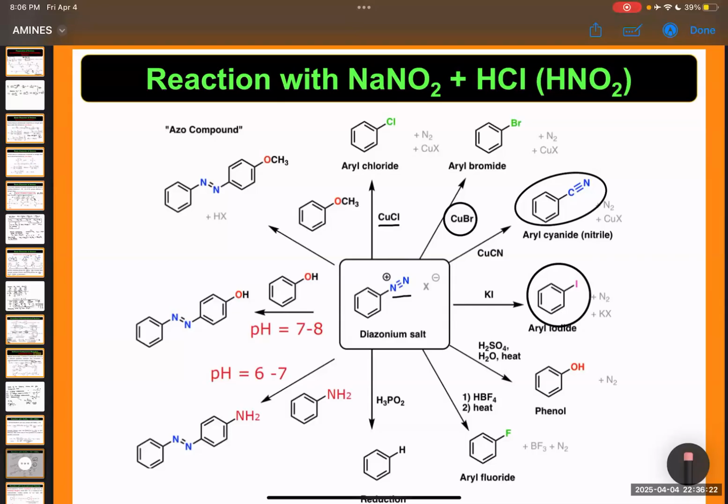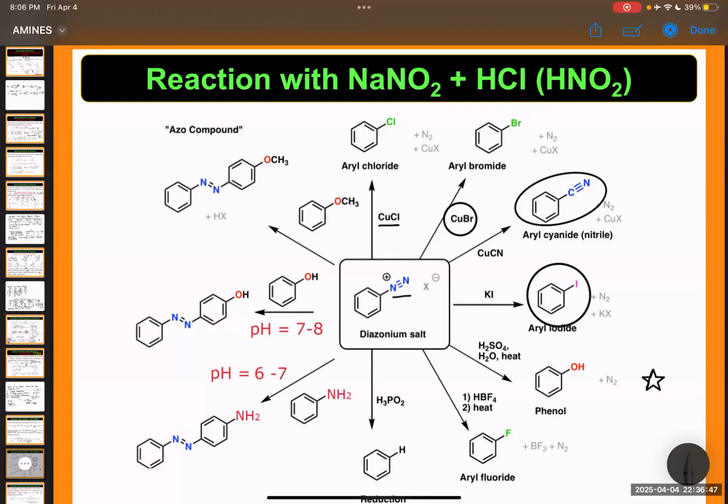If you want to get a phenol, we have seen this in the preparation of phenol. You can heat the diazonium salt with dilute H2SO4, in aqueous medium, or H2O plus heat is sometimes written.